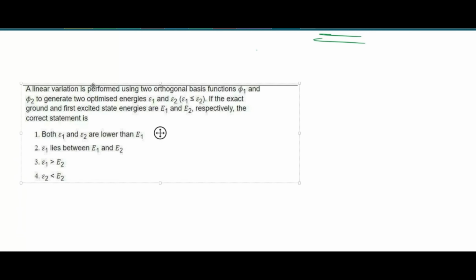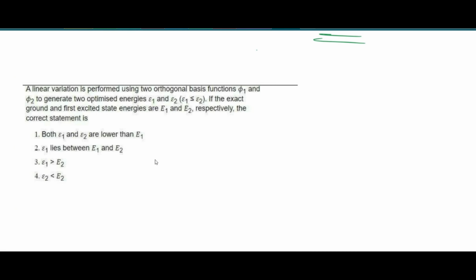Okay, see what is given. A linear variation is performed using two orthogonal basis functions, phi1 and phi2, to generate two optimized energies, epsilon1 and epsilon2, with epsilon1 less than or equal to epsilon2.